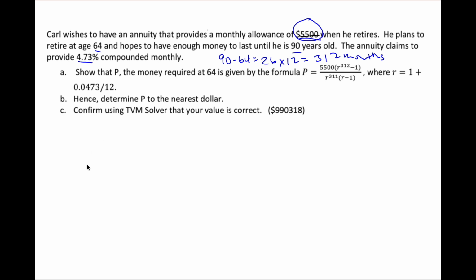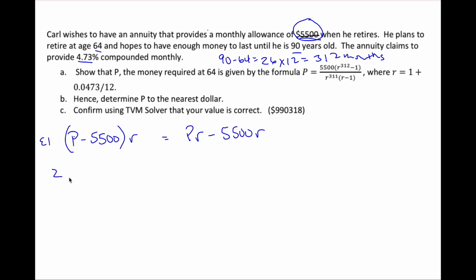So if we think about this, what happens is the very first month we start off where Carl has P, and then he takes away $5,500. That is the beginning of the month. Then at the end of the month, whatever is left makes interest, the R interest. And so I have PR minus 5,500R.